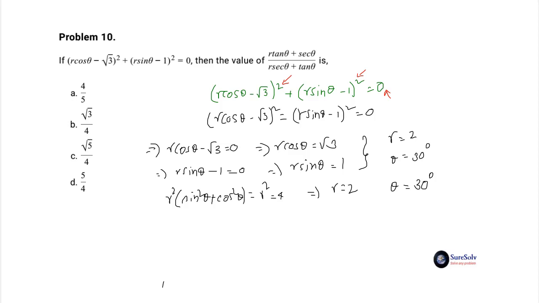Using these values of r equal to 2 and theta equal to 30 degree in the direct expression, we have the simplified direct expression as E equal to 2 tan 30 degree plus sec 30 degree divided by 2 sec 30 degree plus tan 30 degree.